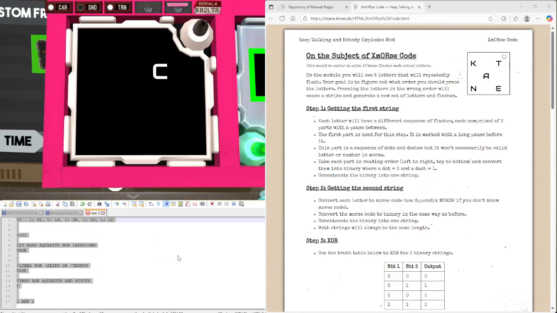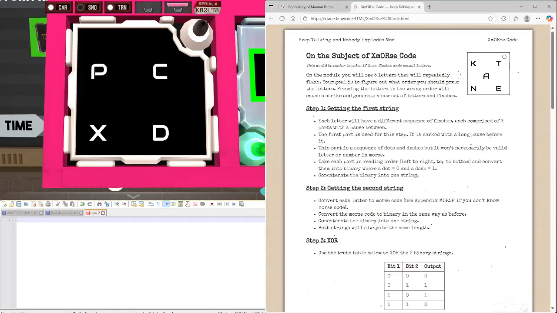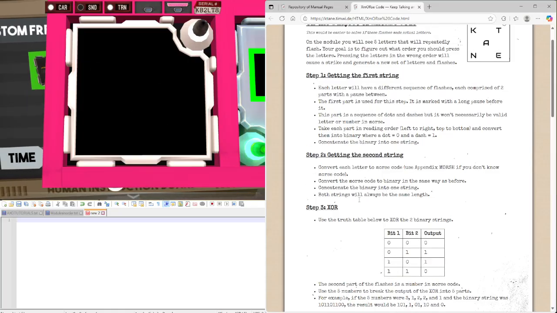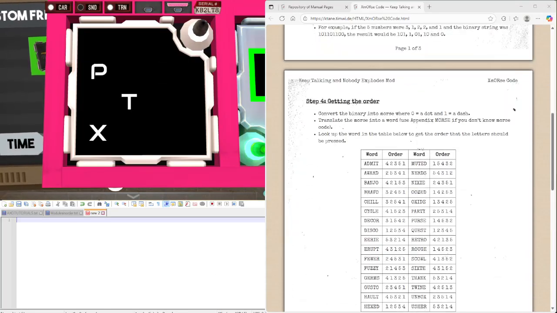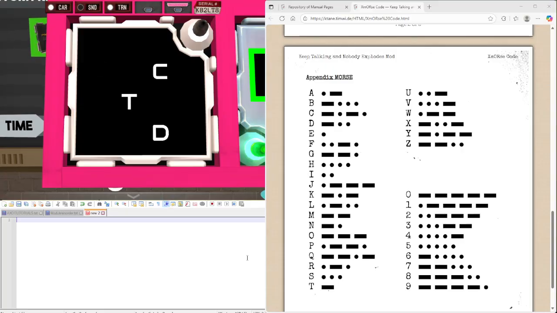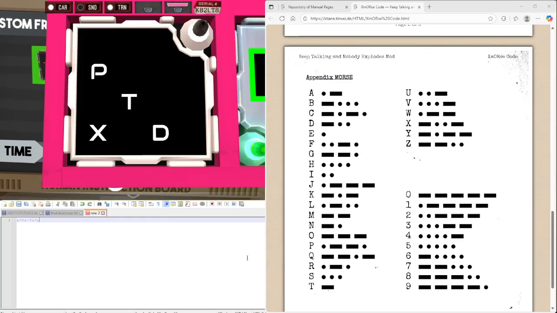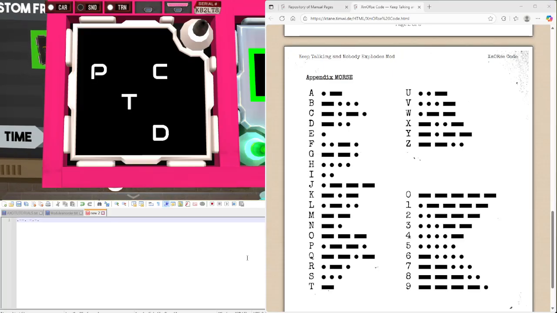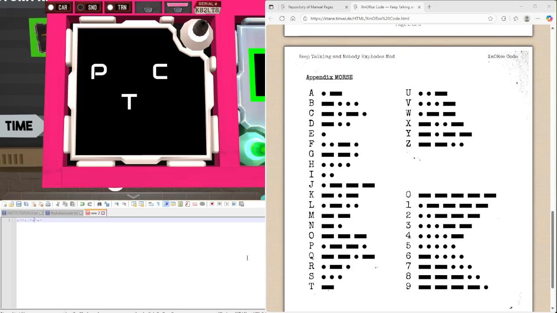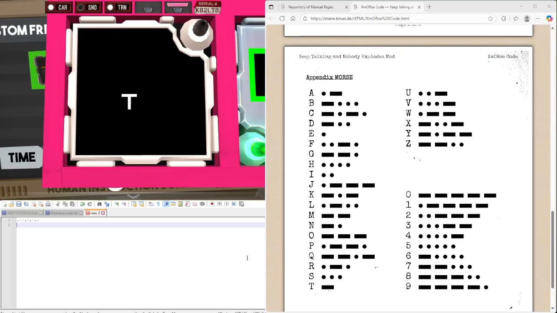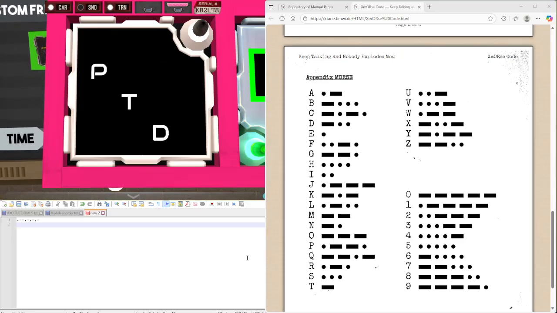The XmORse code. So I'm going to do the letters first. If I remember correctly, on this one you don't actually have to get the entire thing, so let's just get the first 3 characters for this. And then the first 3 characters of the Morse as well.